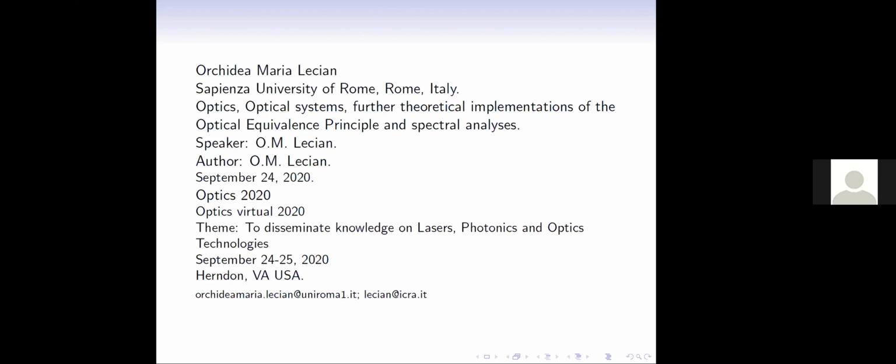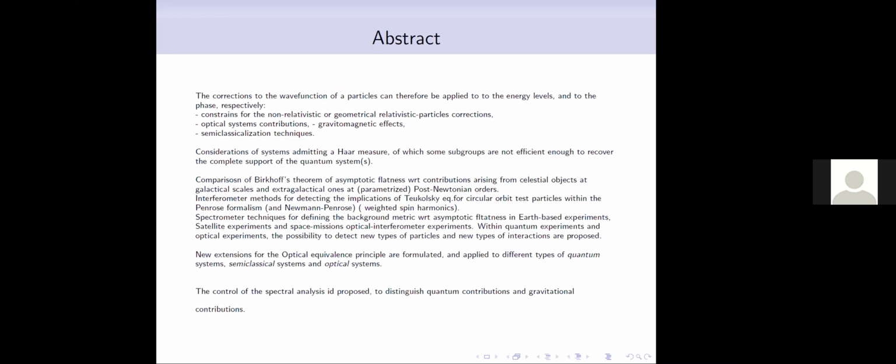Lens principle. And in particular, for this, there can be wave functions for particles to be analyzed.